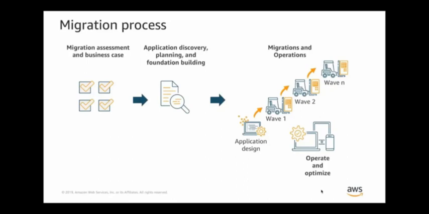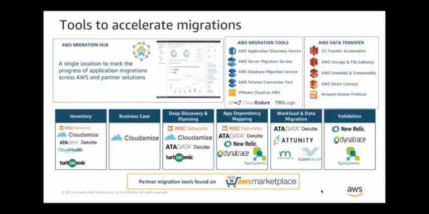Now, AWS has been working over the last 10 years to bring to our customers a number of different tools. Not only do we have native tools, we work with our customers and our partners, not only our competency partners and our consulting partners, but our ISV partners.